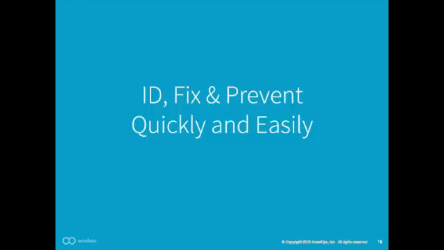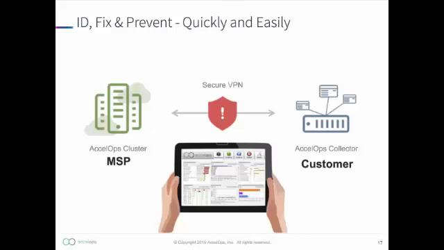And then moving on to the ability to quickly identify, fix, and prevent and remediate any additional impacts to the network. ExcelOps provides a single pane of glass to consolidate all that analytics data into a single platform to cross-correlate all the information that's coming in to much more rapidly identify issues on the network.